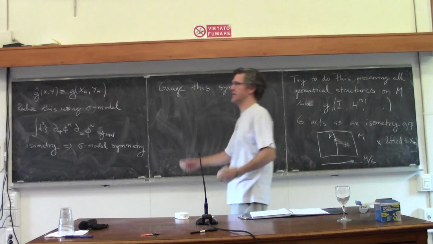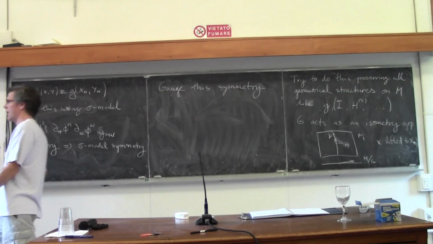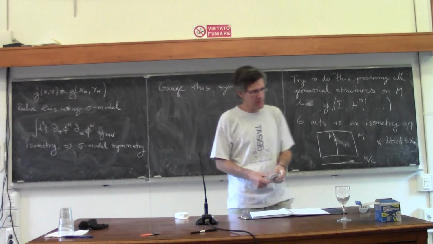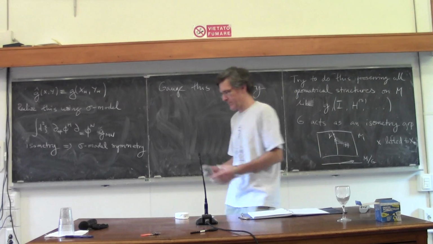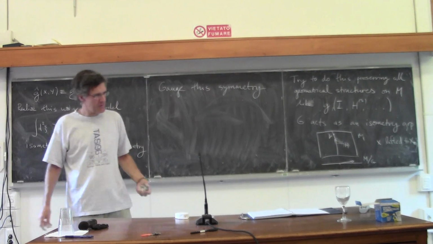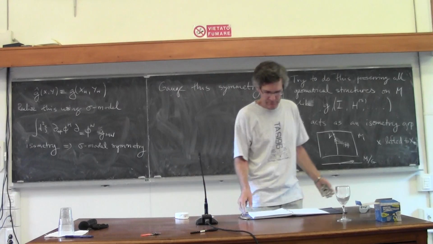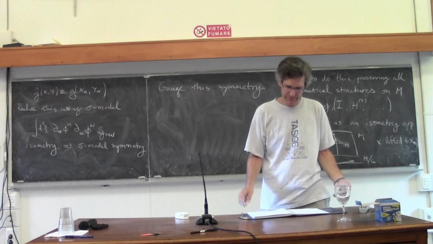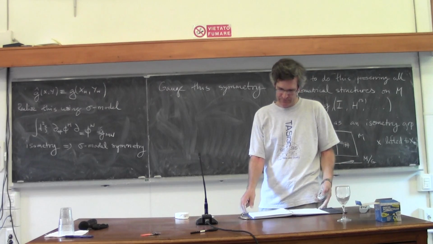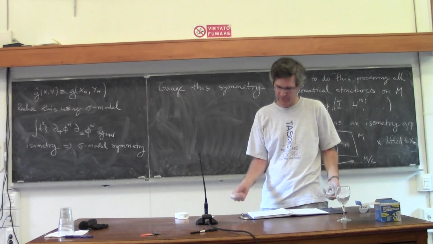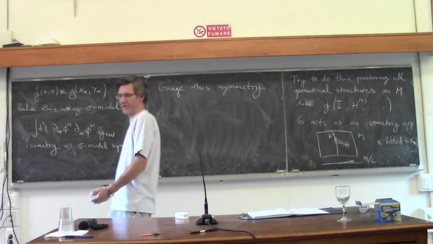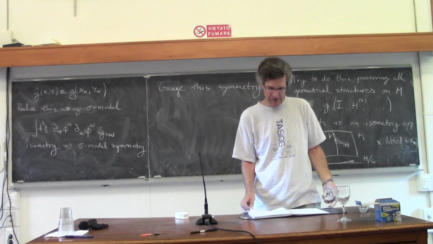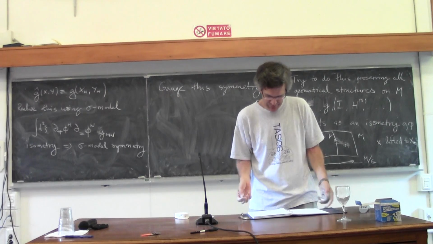So gauging is a way of getting rid of degrees of freedom, morally speaking, since gauge degrees of freedom are not really there.